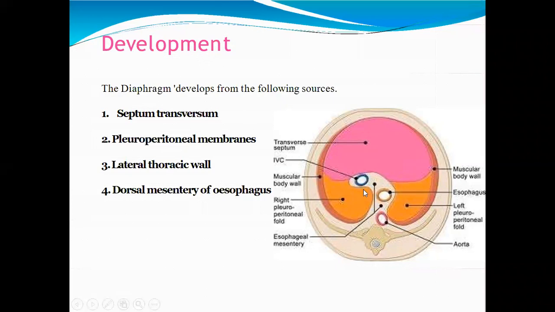So we have these three main openings, and we also have small openings. We will discuss that later on.